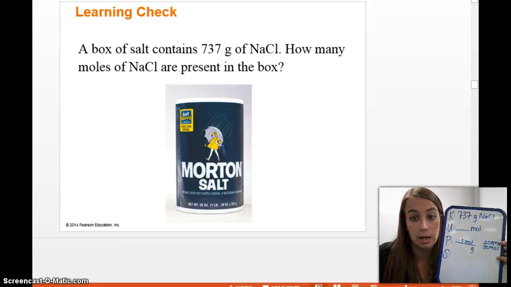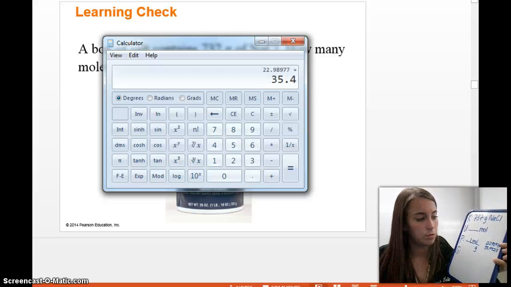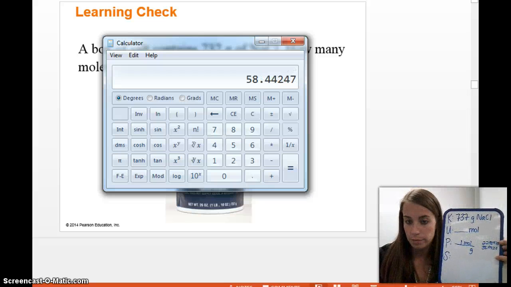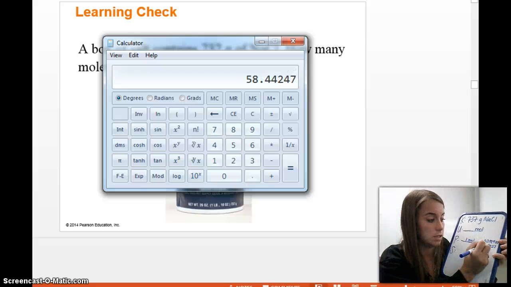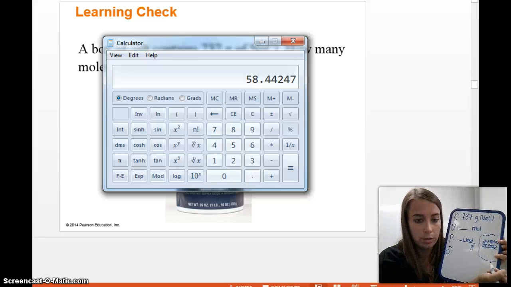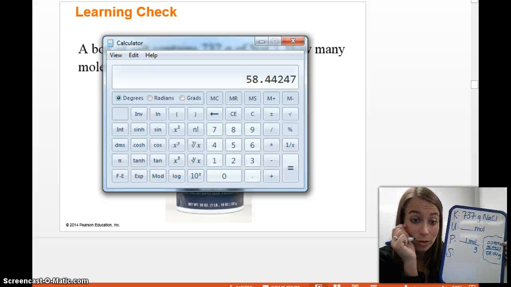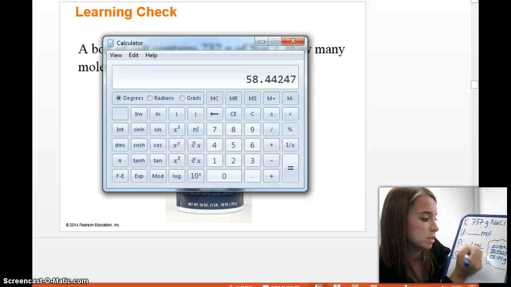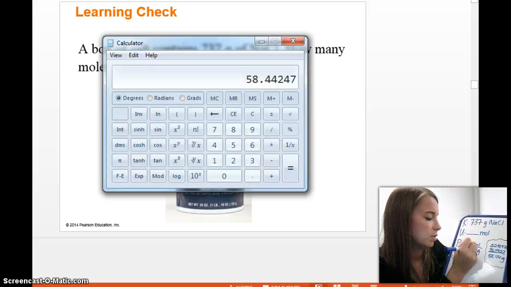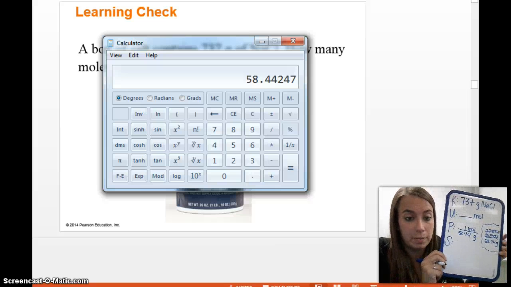I'm going to add those together. 22.98977 plus 35.4527. Remember, we round that to the nearest hundredth, and this is just side work that I'm doing over here. I get 58.44 grams is the mass of 1 mole of sodium chloride. So I'm going to put that right here, 58.44 grams. And that's my conversion factor, that's my plan.